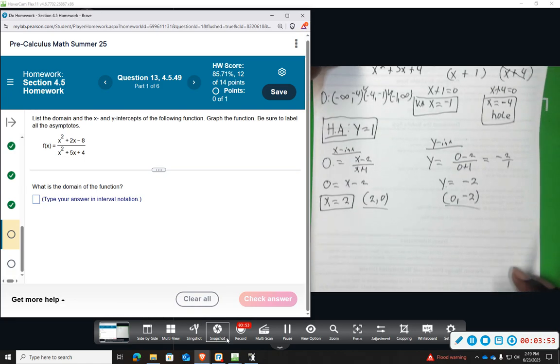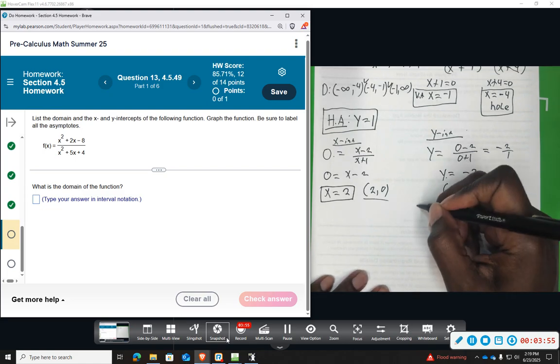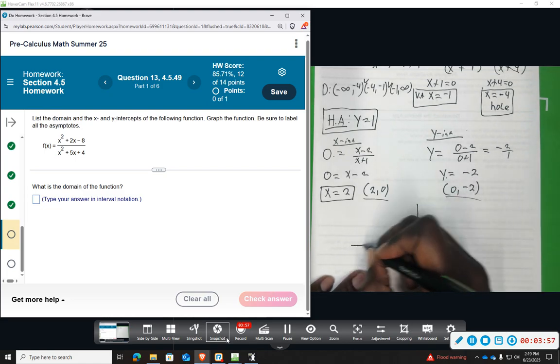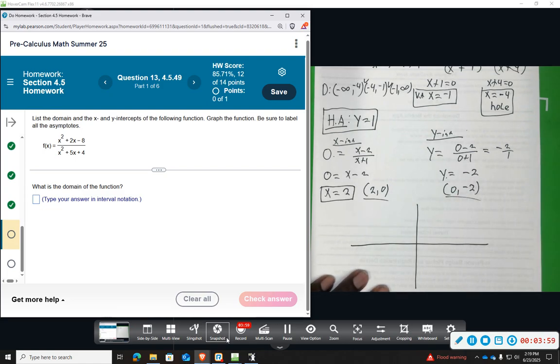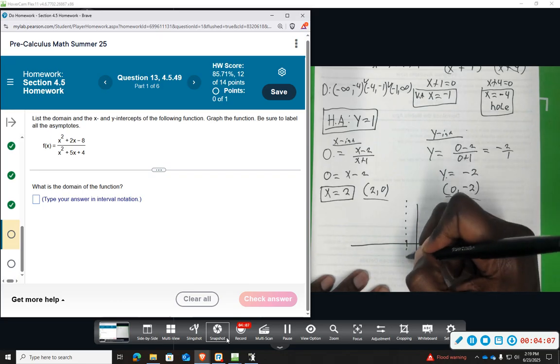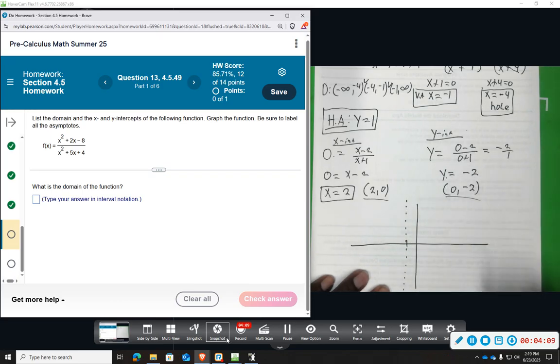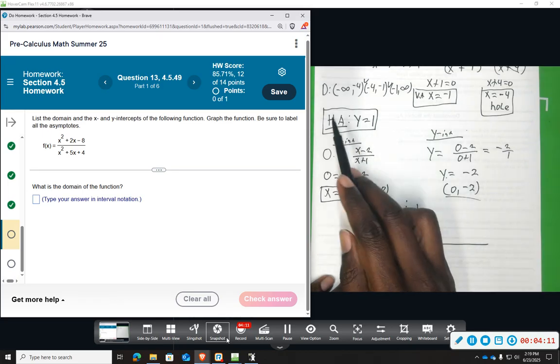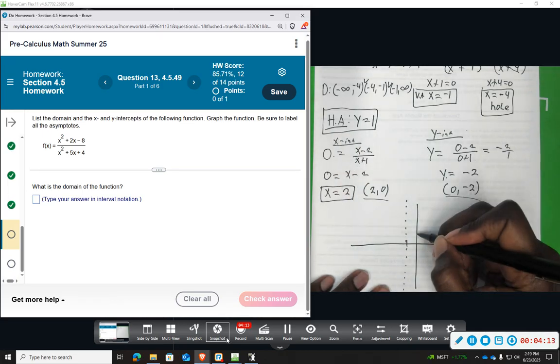So roughly, a rough sketch, we will have a vertical asymptote at negative 1. We will have a horizontal asymptote at y equals 1.